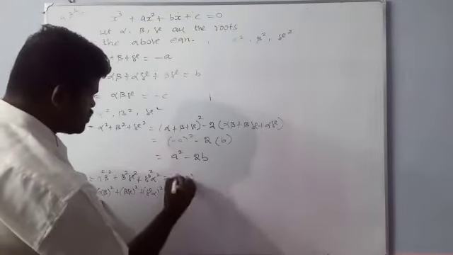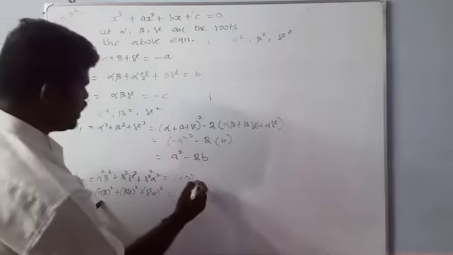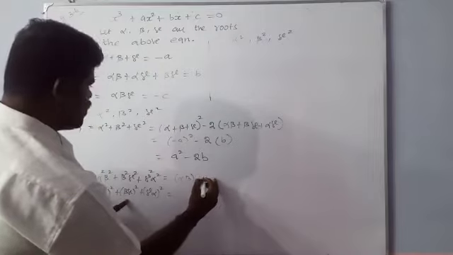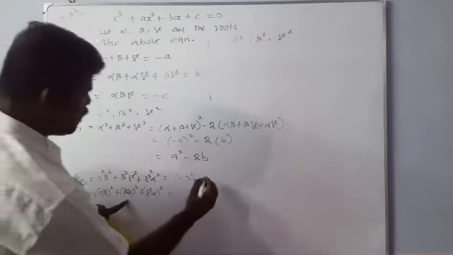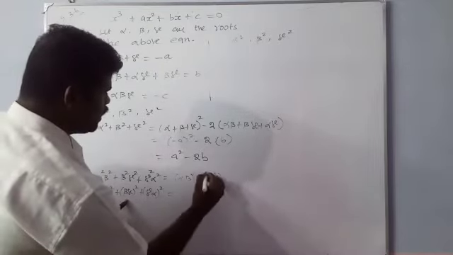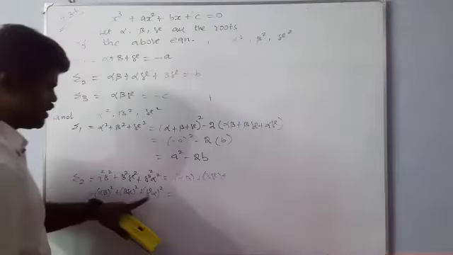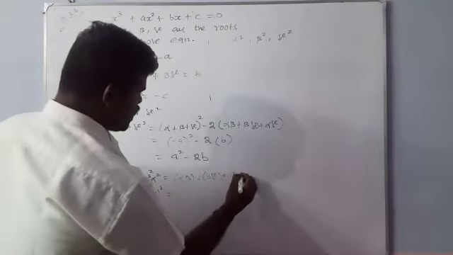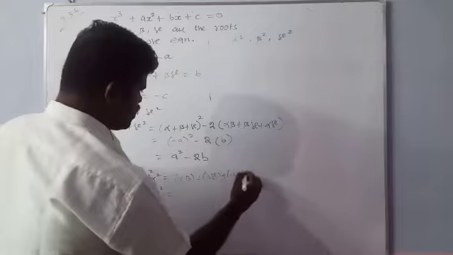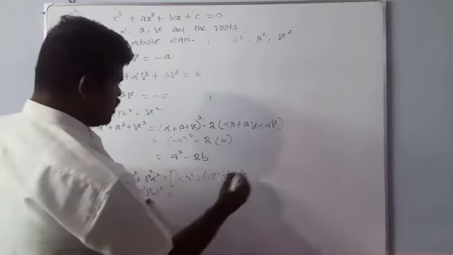So what is the answer? Alpha beta plus beta gamma plus gamma alpha, total whole square.